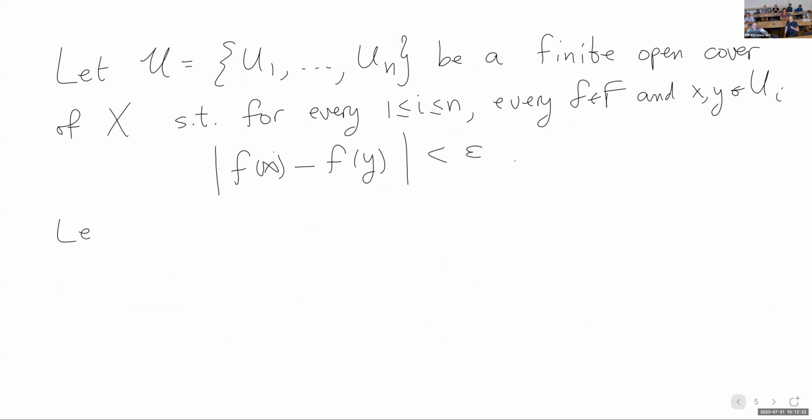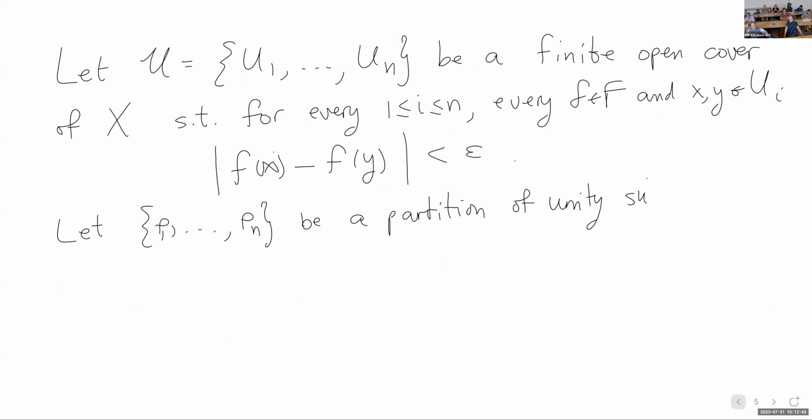So let phi_1, ..., phi_n be the partition of unity subordinate to U. What I mean by this is that the support of each phi_i lives in Ui.